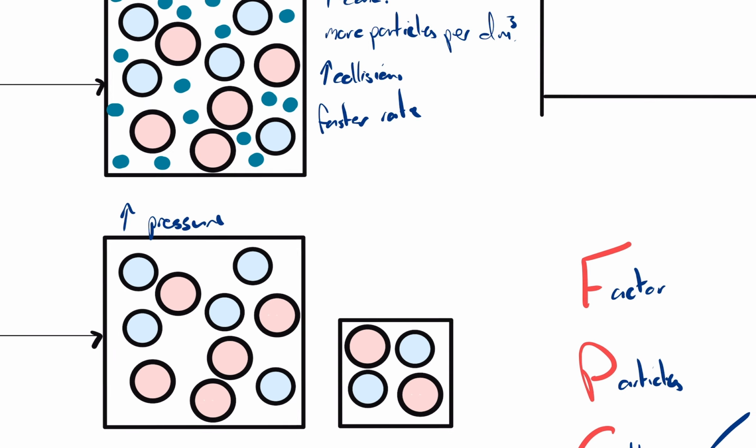And that links back to PV equals nRT, if you remember, right? So pressure, volume, moles, gas constant and temperature. Yeah, so it links back to that, and I'll put a link up here to remind you of that ideal gas constant stuff.